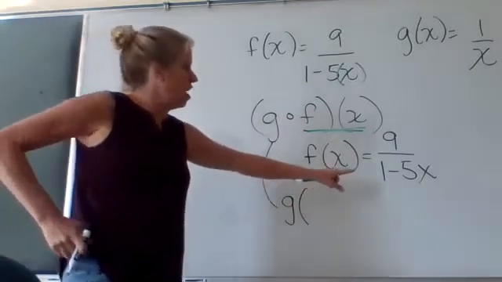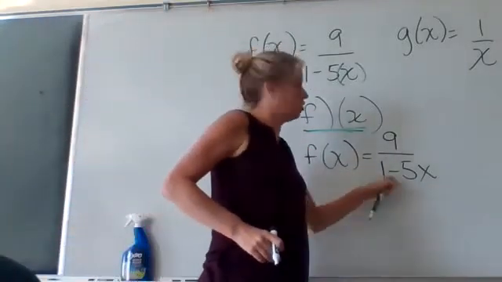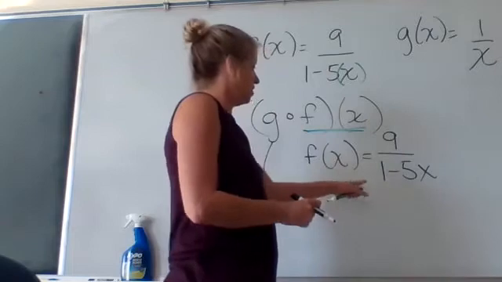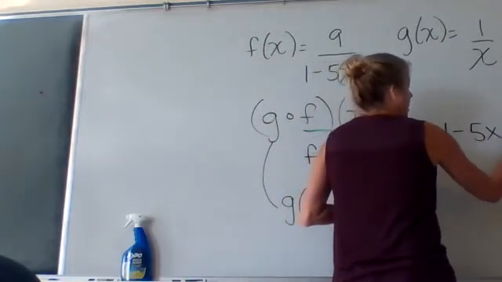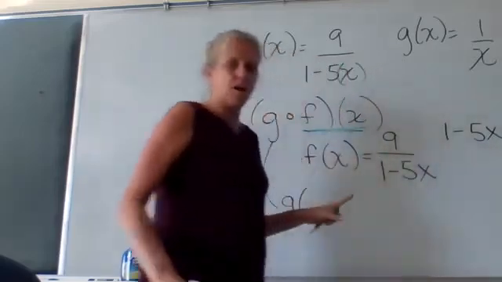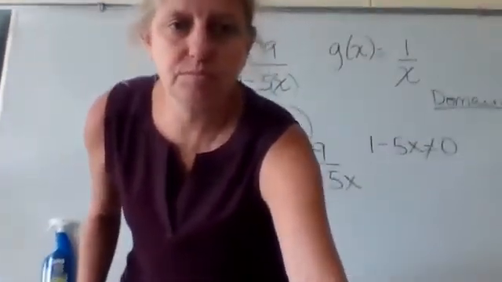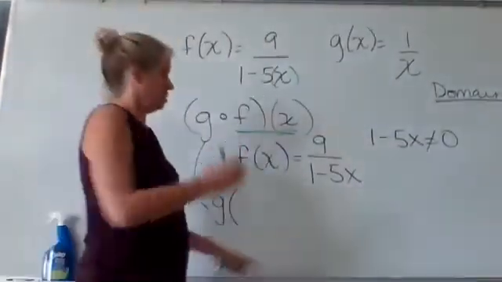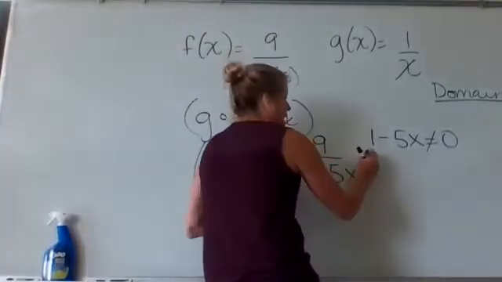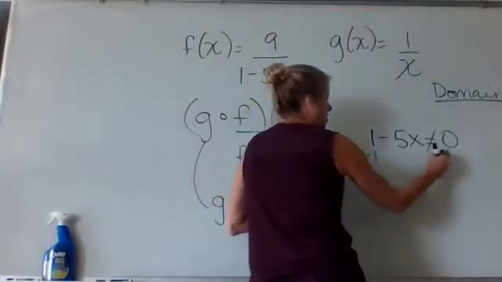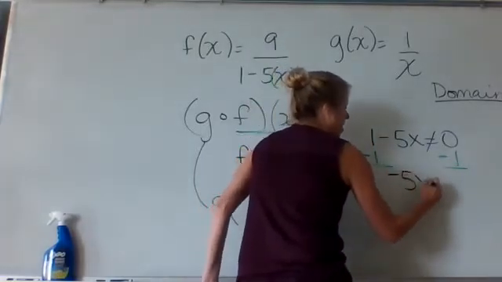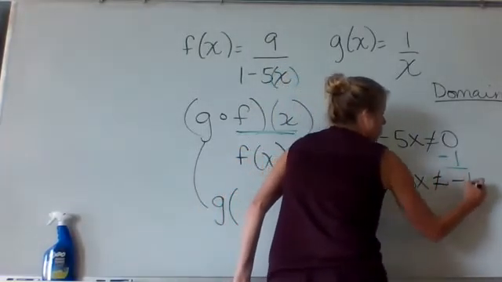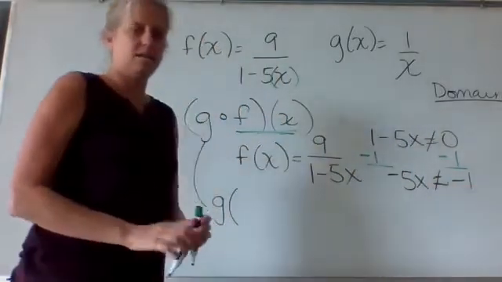So let's look. What can x not equal right here? Well, this denominator, which is 1 minus 5x, can't equal 0. So let's figure out what makes that happen. I need to subtract 1 from both sides. So negative 5x cannot equal negative 1.